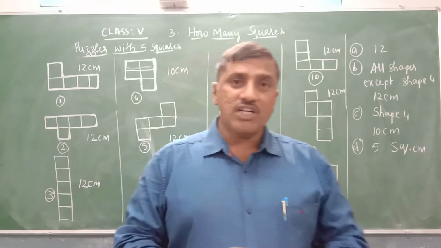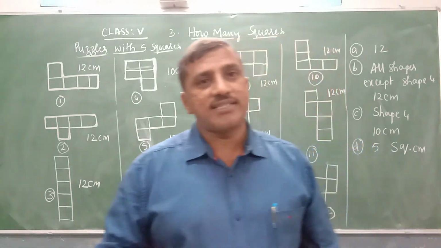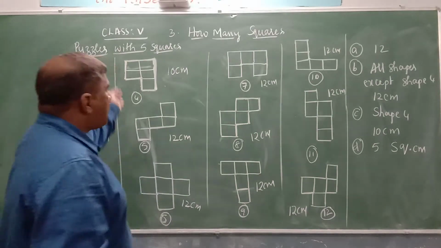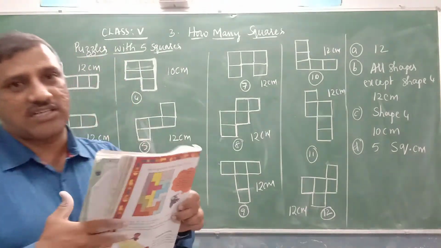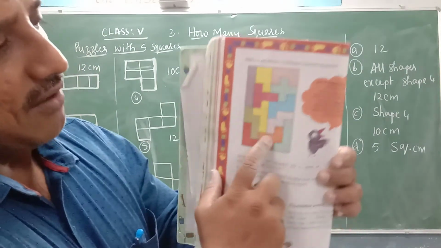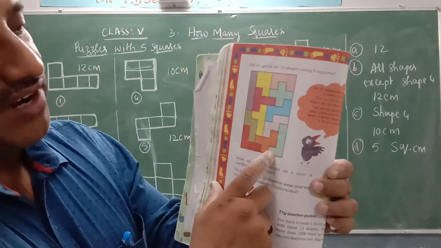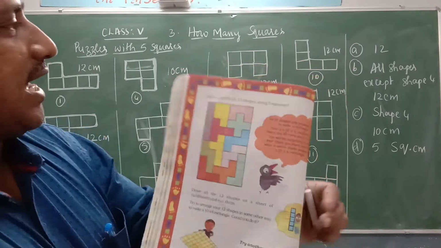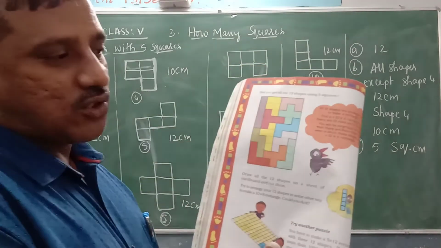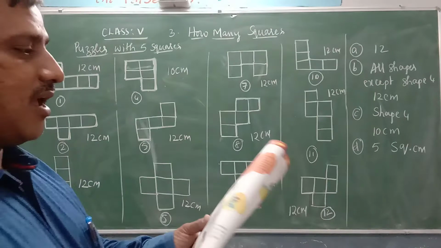Did you get all 12 shapes using 5 squares? Yes, it is done here in the textbook. You see, they are made with different colors. All the shapes drawn on the board are here. I hope you also have got the shapes.